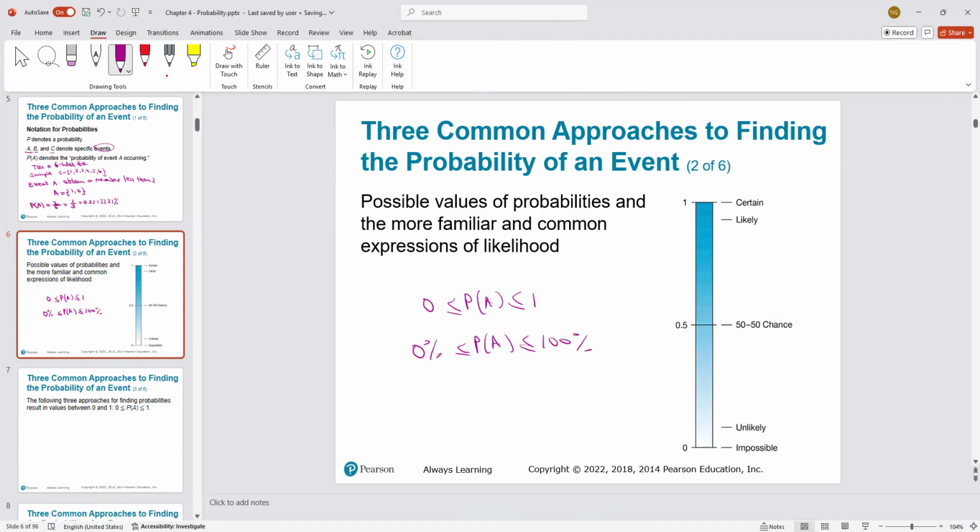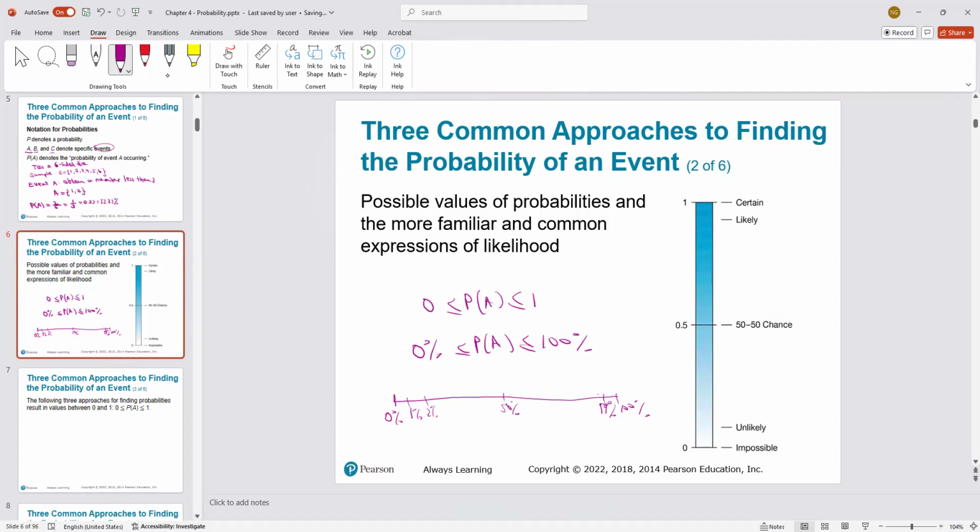You cannot have more than that. On a line of probabilities you have 0%, 1%, 2%, 50%, 99%, and 100%.